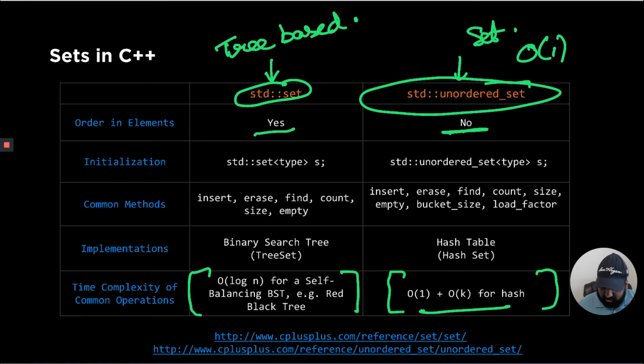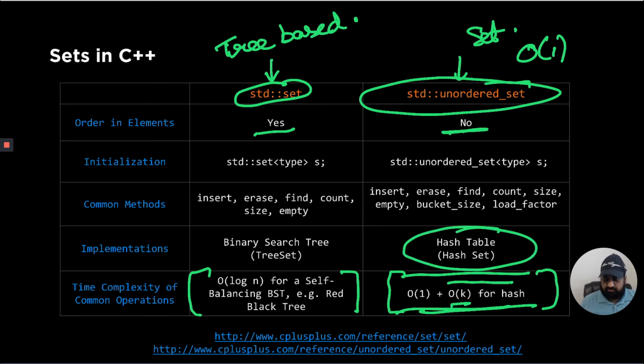Next, the unordered sets typically have the time complexity of common operations as O(1) plus O(k) for large hashes, but since k is a very small number, this is typically ignored. You won't be understanding what a hash is until the next lecture, but behind the scenes, it's implementing a hash table. So we are going to discuss that very soon.